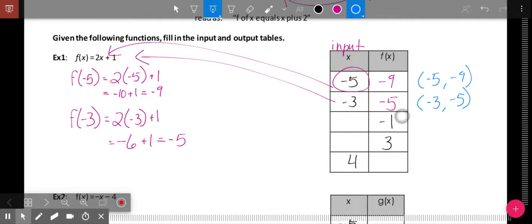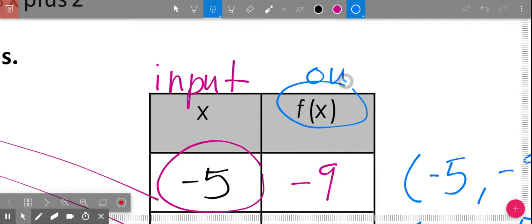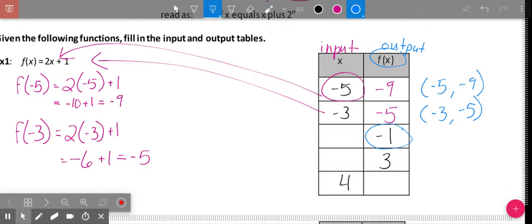But now on this next one, it's different because now you're given a -1 for an output. Now we know that our f of x, or our output, is -1, but we have to find the input to go with it. So what we do is we know that f of x equals -1. So for this entire function, we're going to get rid of the f of x.